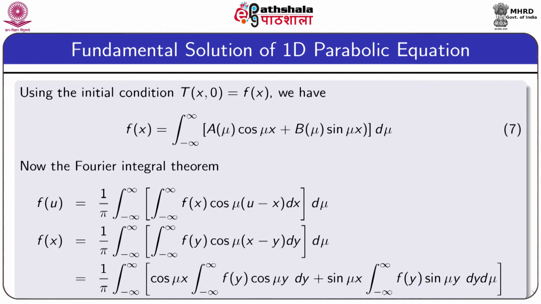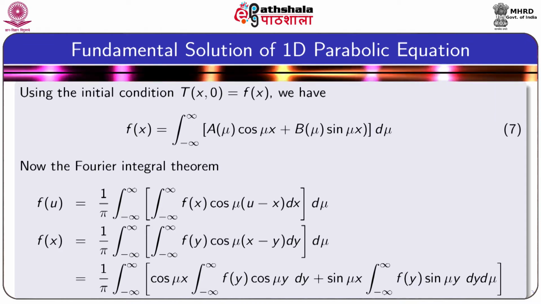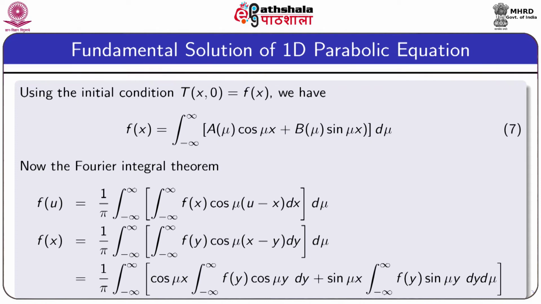Now, we expand this cosine function: cos(mu x minus mu y) is cos a cos b plus sin a sin b. Now, we separate the integral into two parts as the sum of these two terms: 1 by pi integration 0 to infinity, cos mu x times the integral from minus infinity to plus infinity of f(y) cos mu y dy, plus sin mu x times the integral from minus infinity to plus infinity of f(y) sin mu y dy, d mu.